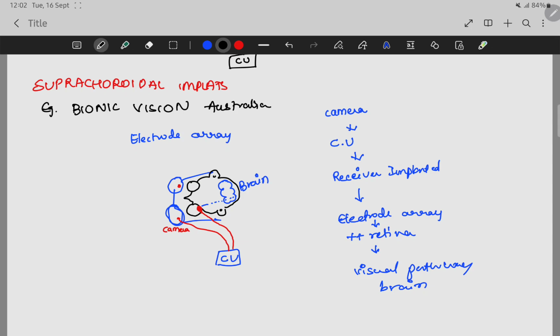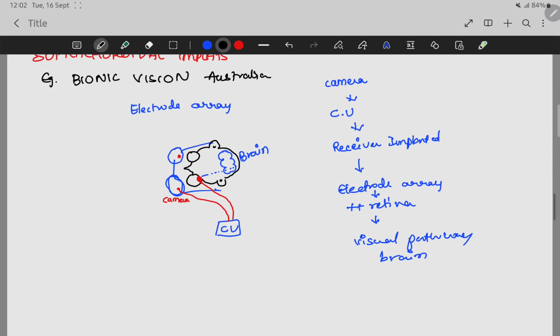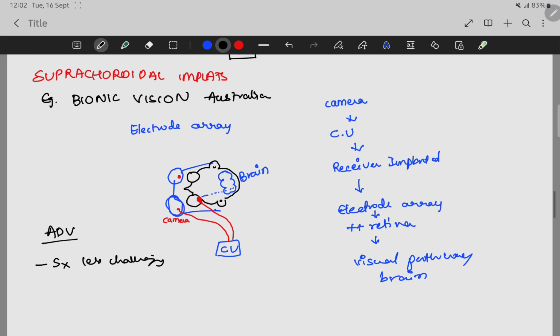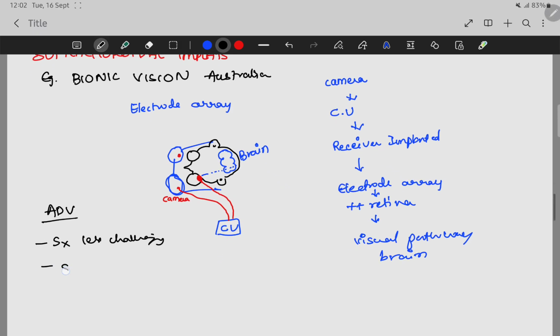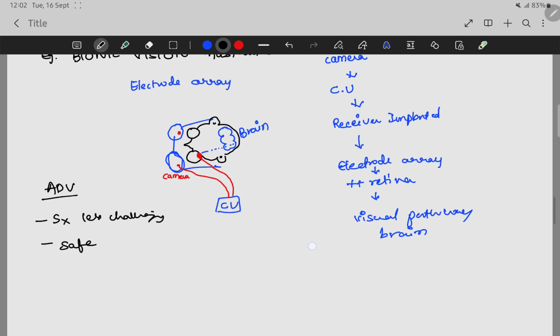So here the advantage is that the surgery is less challenging because it is not breaching the retinal tissue. It is present in the suprachoroidal place, and it has excellent safety, very safe.